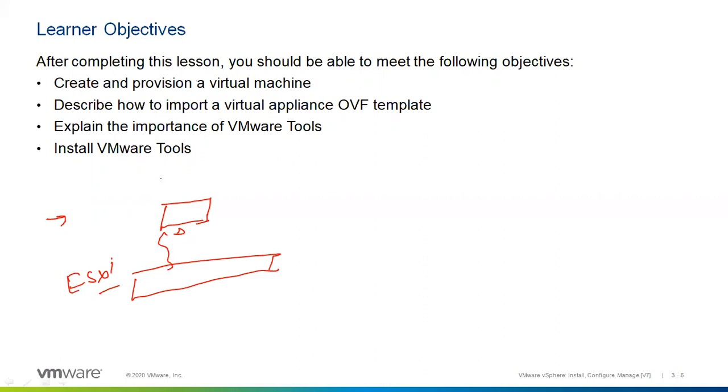All right, and there are many ways of creating it. Then we will talk about the appliance, OVF appliance, then VMware Tools and installing VMware Tools in any virtual machine.